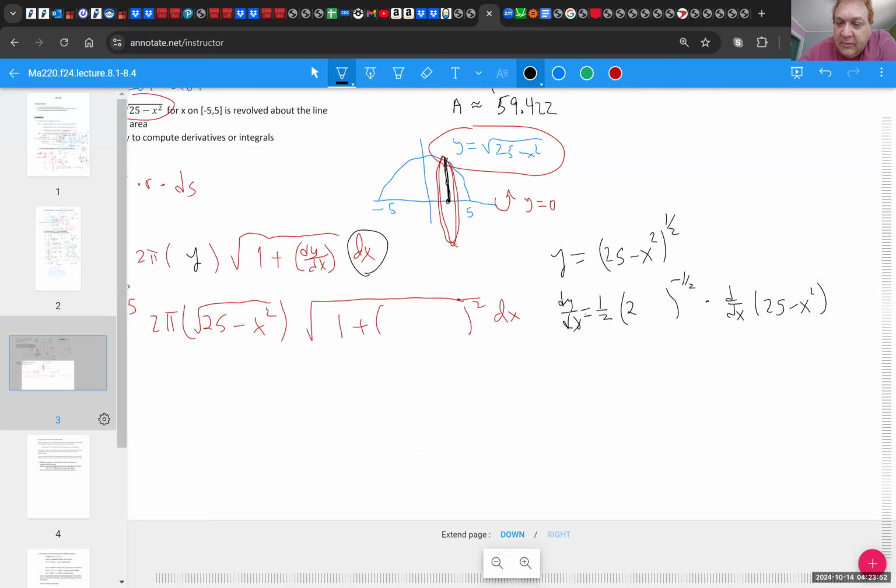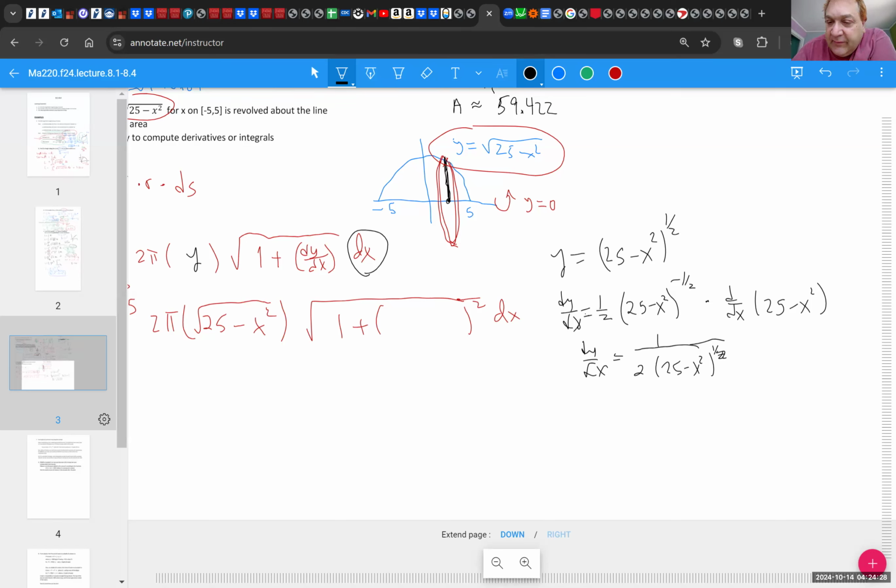So 1/2 times that thing to the -1/2 times the derivative of that thing. So dy dx is, I'll write this on the bottom, 1 over 2, and then 25 minus x squared to the 1/2 power. I guess you don't have to write on the bottom, but I just want to get rid of the negative exponent like that.